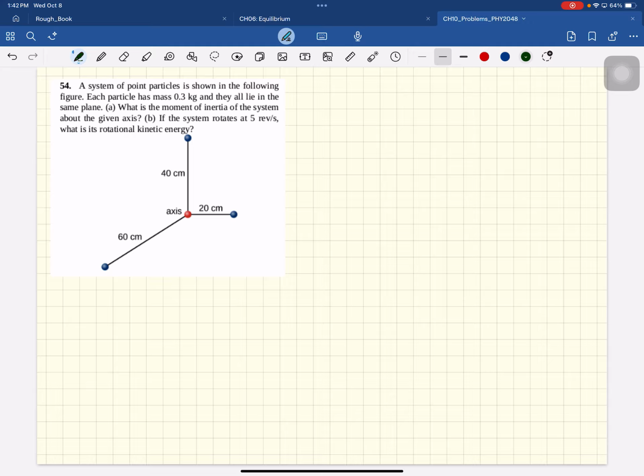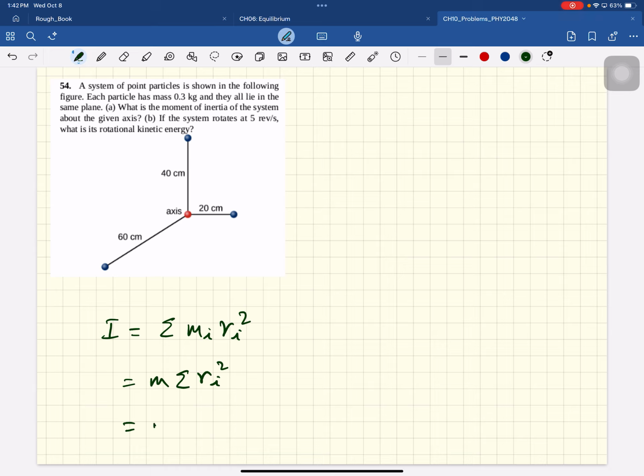So what is the moment of inertia of the system? It's the sum of m r squared, and since the mass is the same, it's m times the sum of r squared.